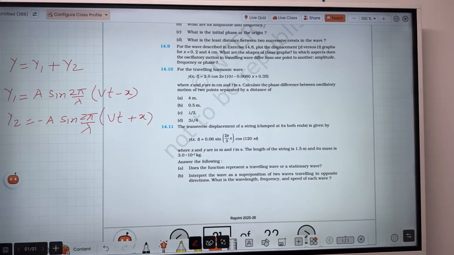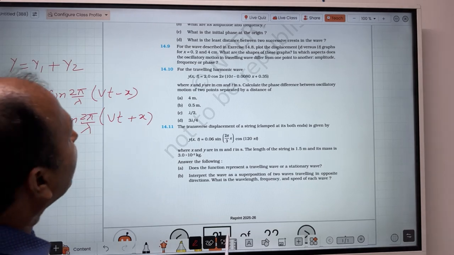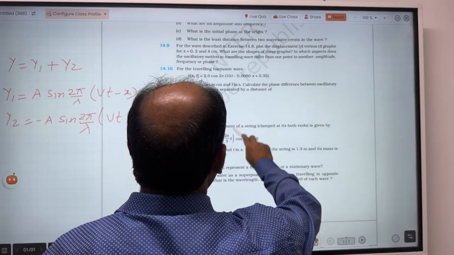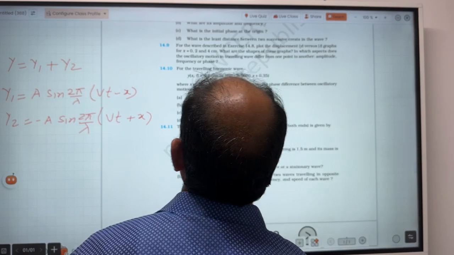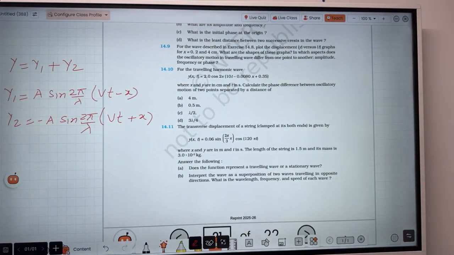Now if we combine the two, then what happens? Here a condition is there. If you read it, clamped at both ends, that is why negative sign is taken. I have already explained you about the concept.